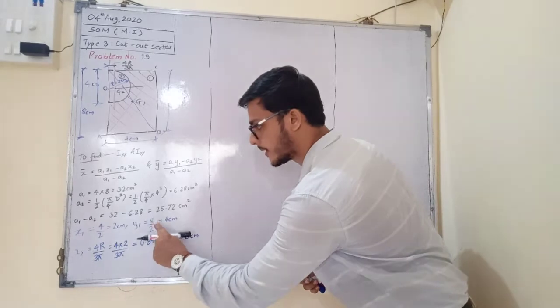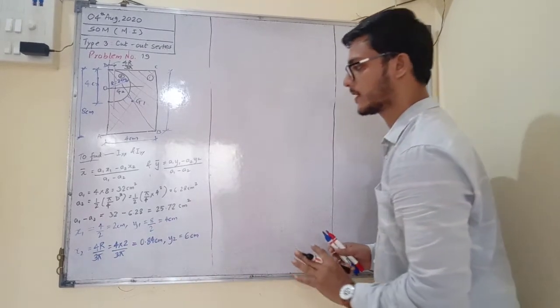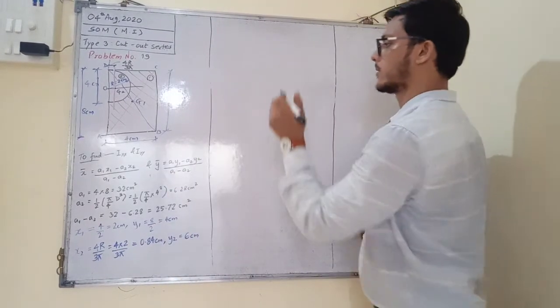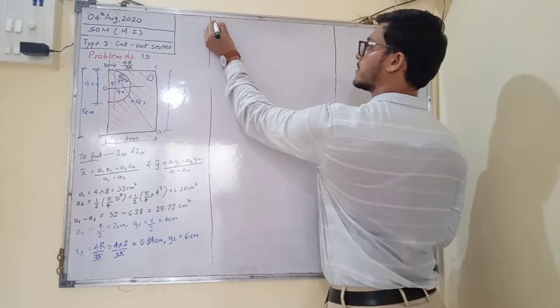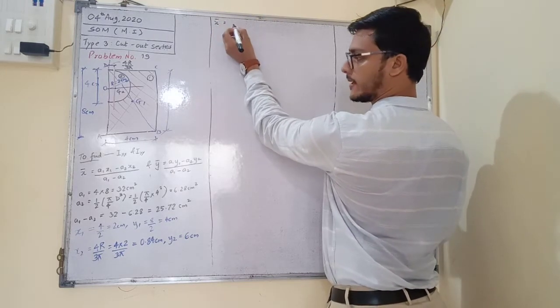So x1, y1, x2, y2 we have got the values here. I will substitute these in the formula to get x bar and y bar. So first for x bar, I am substituting the values.